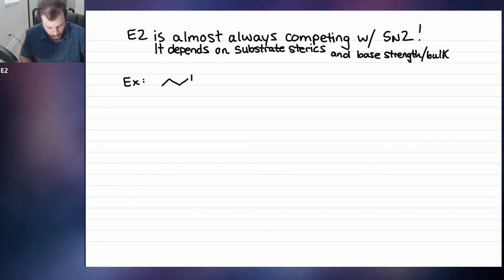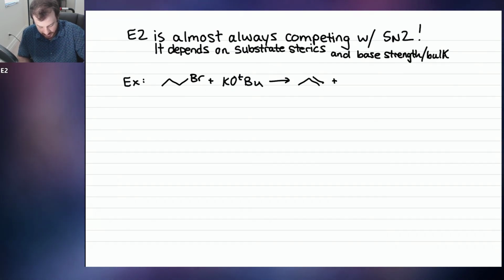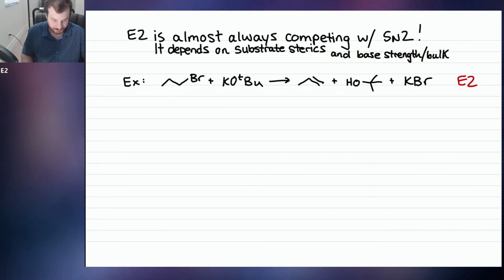If we take propyl bromide and treat it with potassium tert-butoxide, the product is E2. So we get that alkene out, plus the protonated base, which happens to be tert-butanol, plus the leaving group, which is KBr. And so this would be E2. Take a look at another example.